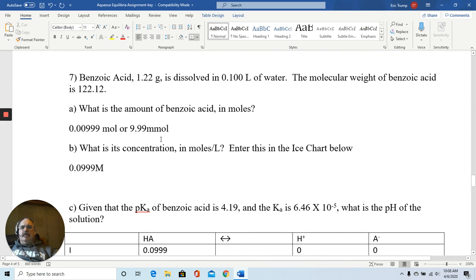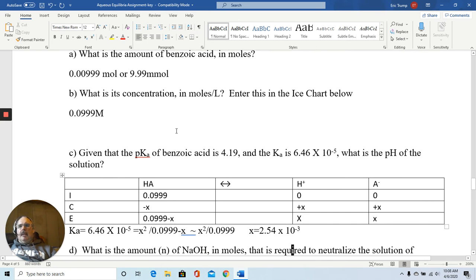Benzoic acid is dissolved in water. And then taking the molecular weight of benzoic acid, we calculate the moles, or you could calculate millimoles. The concentration is amount divided by volume. And that could be moles per liter or millimoles per milliliter.